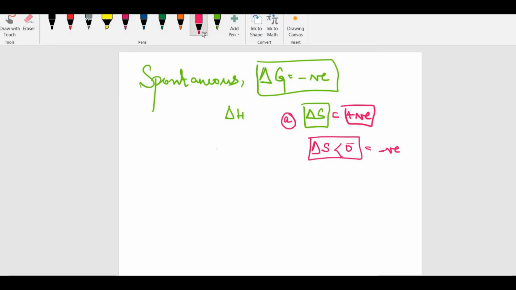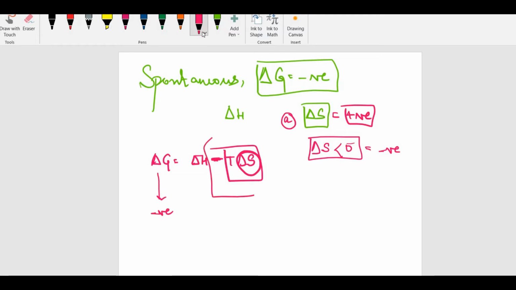So now we have to separate it out with some other logic. The logic is, we know delta G is equal to delta H minus T delta S, right? Now considering delta S is positive, this entire T delta S part is positive. So we have a minus sign before it, so we will get a negative value from here. In order for delta G to be negative, what should happen?